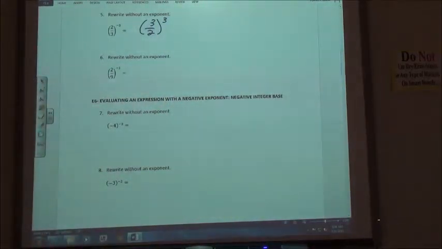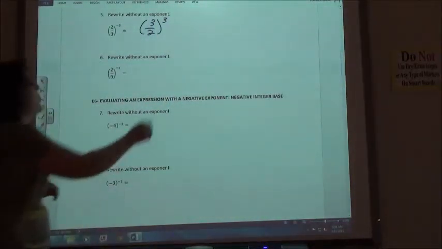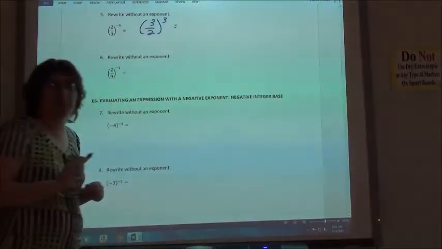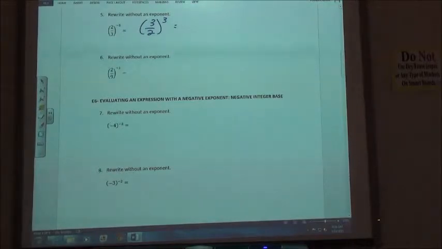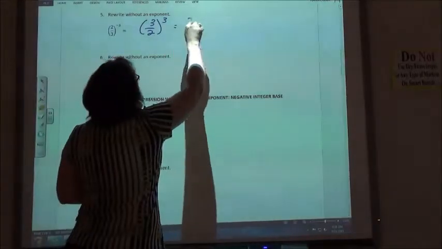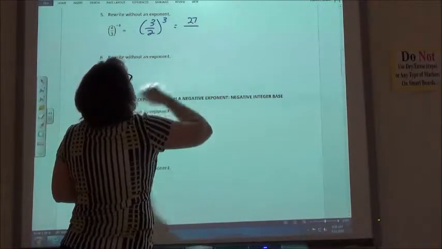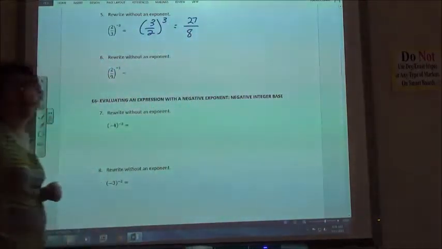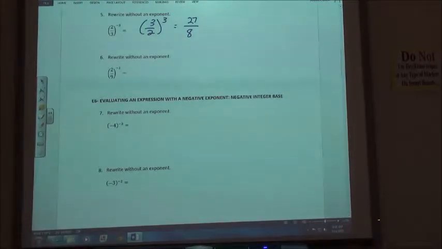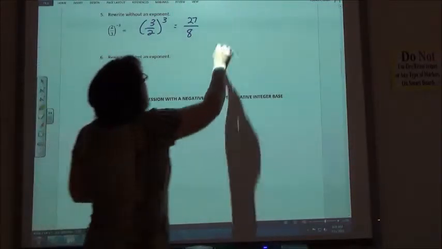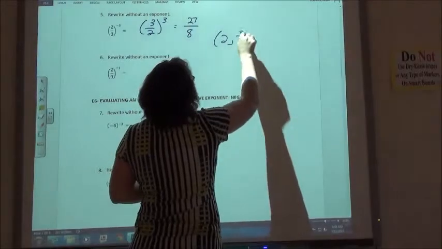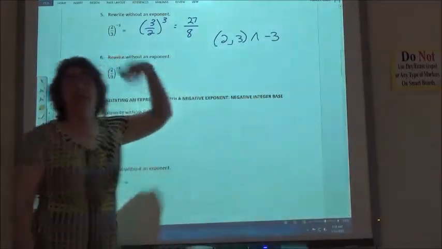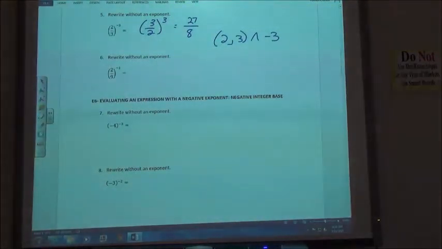Now I just cube both of my numbers. 3 to the 3rd power would be 27, and 2 to the 3rd power would be 8. So I would have 27 over 8. But again, if you want to check it with your calculator, you would do the 2/3 to the negative 3 power. If it gives you the mixed number, you then change it to the improper fraction.